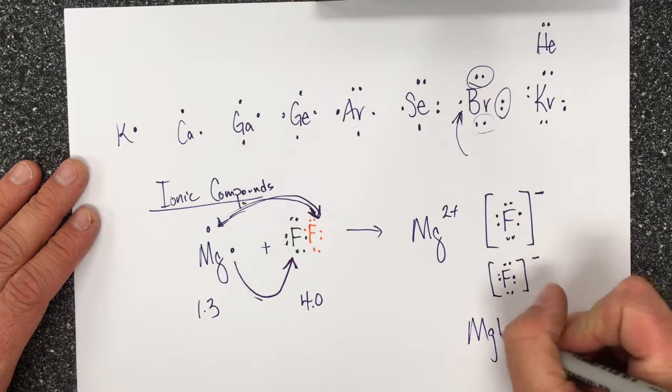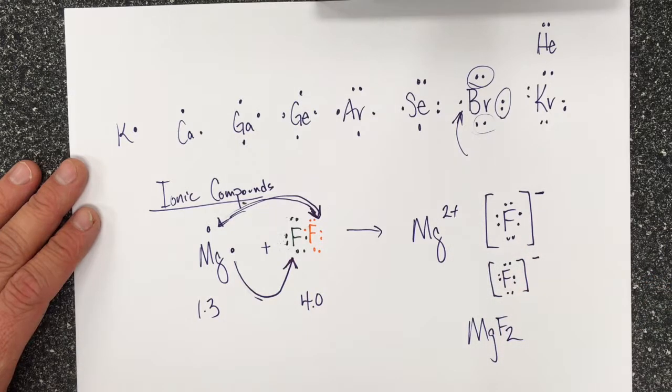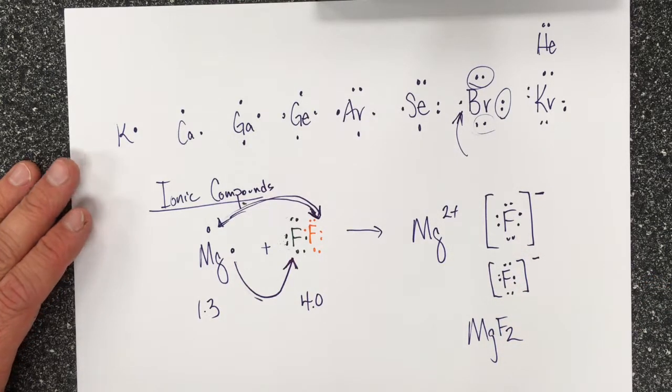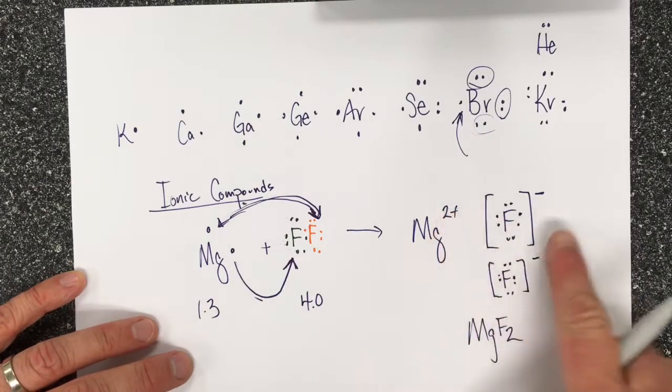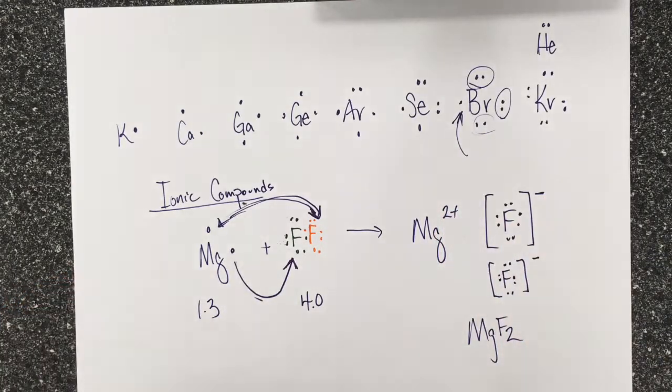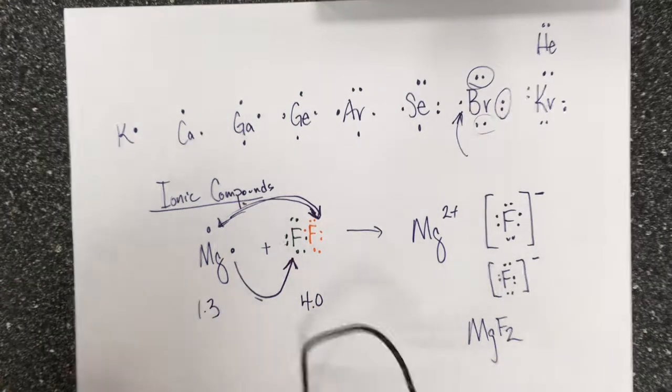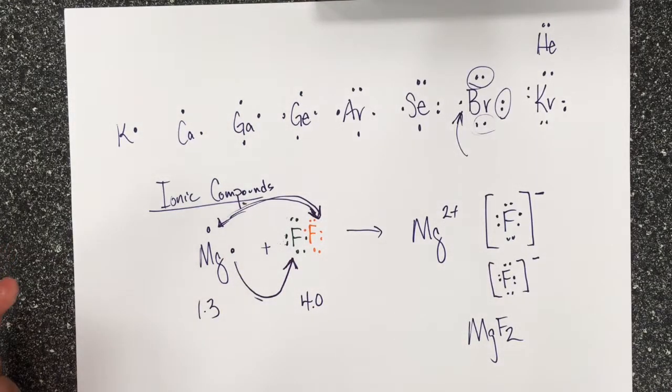So we end up with MgF2, or magnesium fluoride, and it's an ionic compound with a ratio of 1 magnesium ion to 2 fluorides. So that's the start of Lewis structures. We'll do another video in a second on making molecular compounds using Lewis structures, so we can follow where the electrons are in our molecular structures.